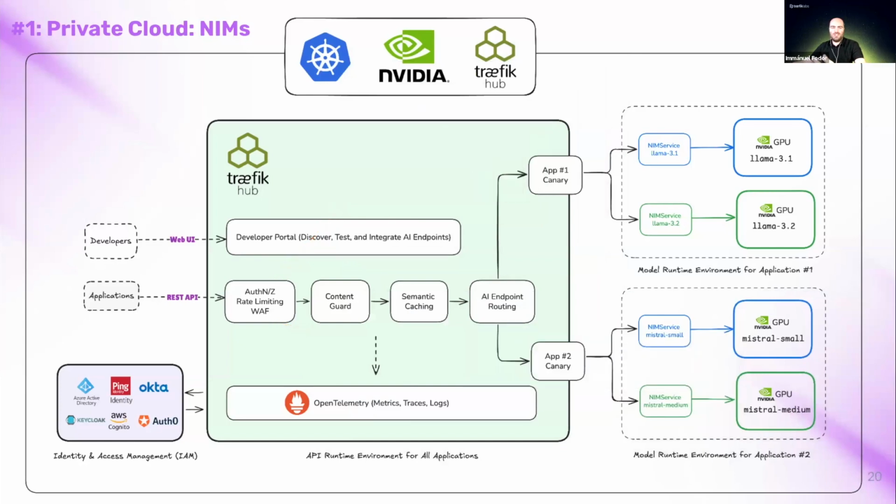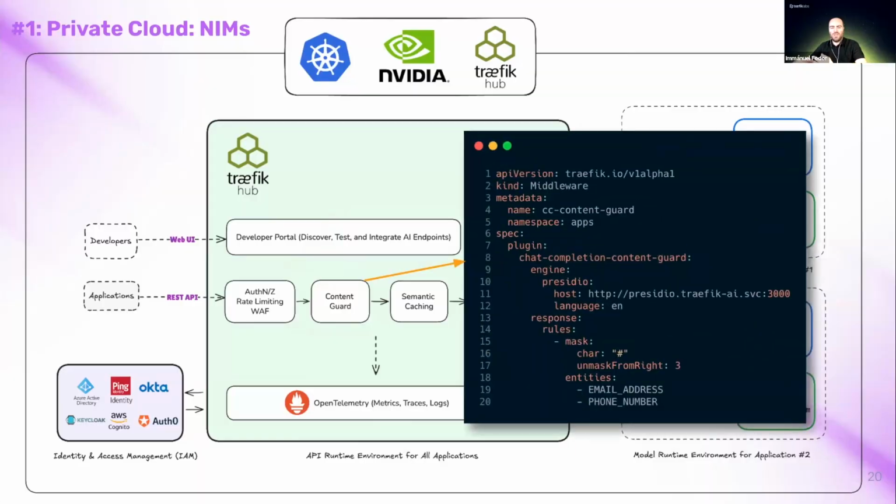And then let's see the content guard, which is very interesting to do. You can configure different engines. Here we provide you with Presidio, but it's basically a plug and play architecture that we can support even more in the future. Presidio comes from Microsoft.